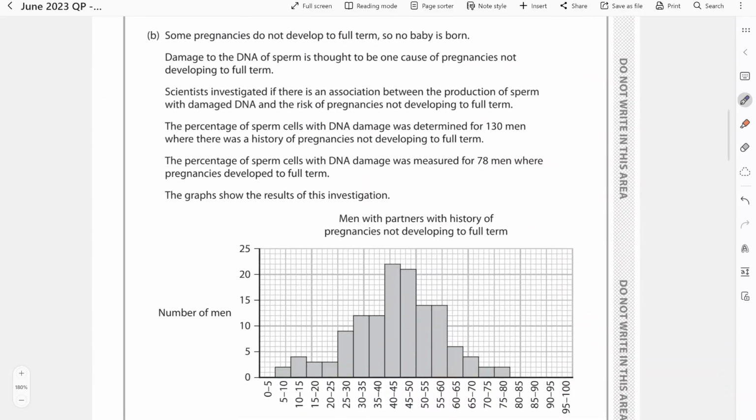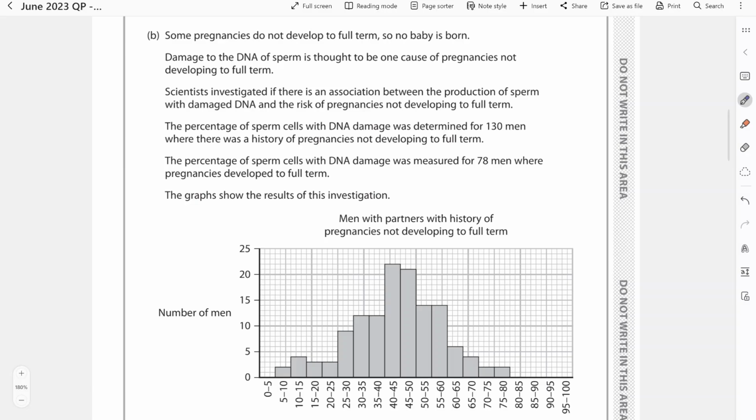All right, part B. Some pregnancies do not develop to full term, so no baby is born. Damage to the DNA of sperm is thought to be one of the causes of pregnancies not developing to full term. Scientists investigated if there is an association between production of sperm with damaged DNA and the risk of pregnancies not developing to full term.